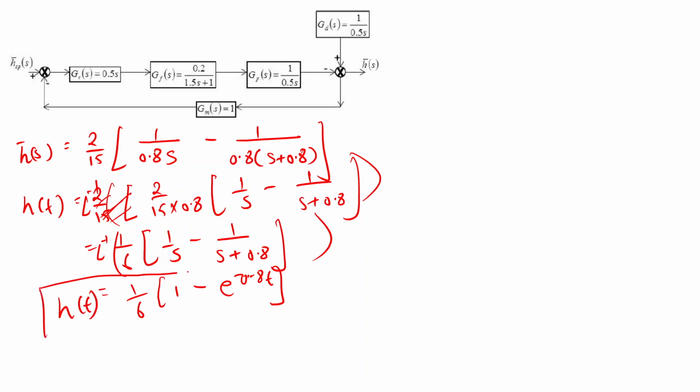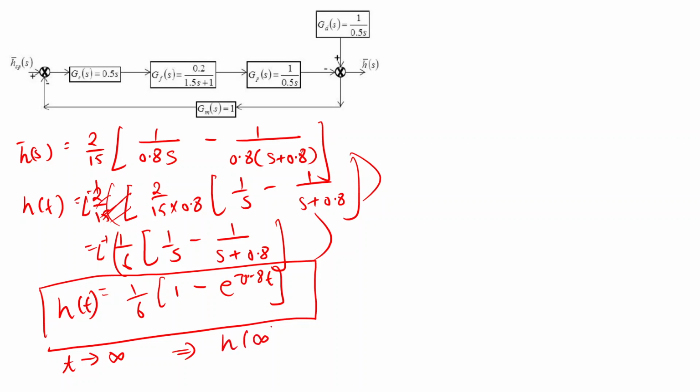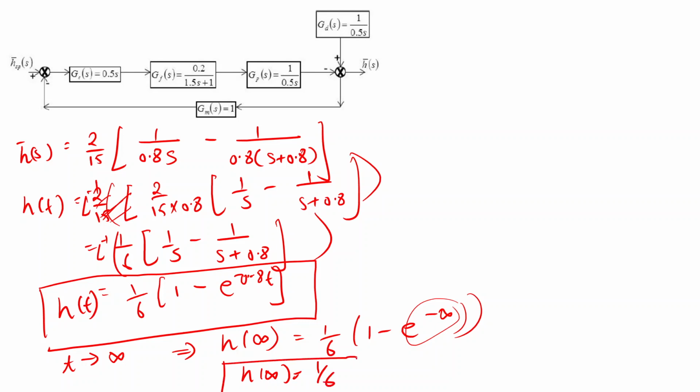So here we have our output equation, and to find the final value we can simply put t tends to infinity. We will have the value of h at steady state, or the ultimate value, as 1 upon 6 into 1 minus e raised to minus infinity. So this will become 0. That is the ultimate value: h at infinity is 1 by 6.